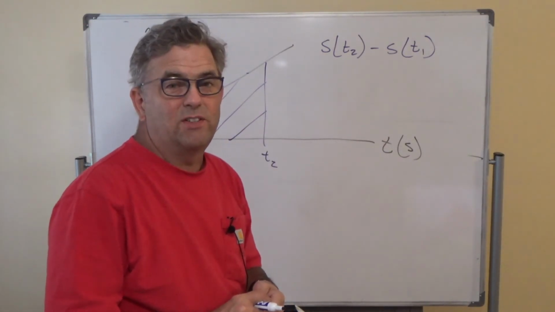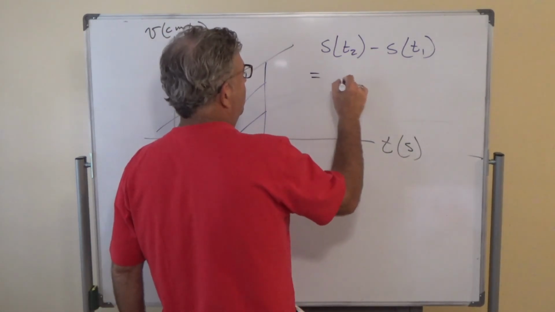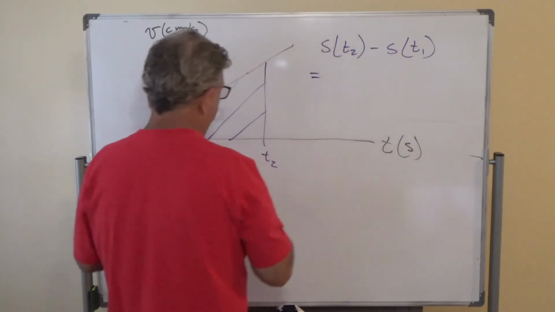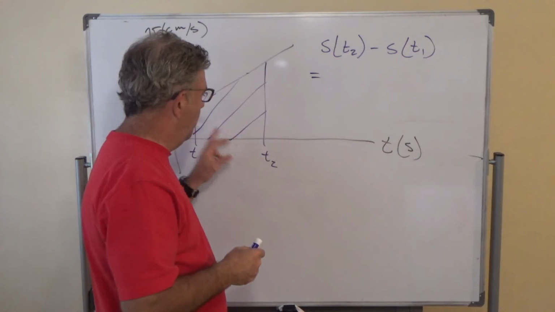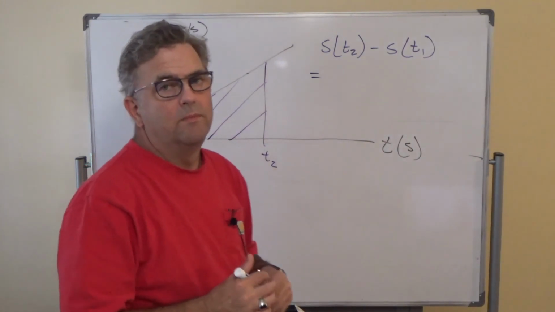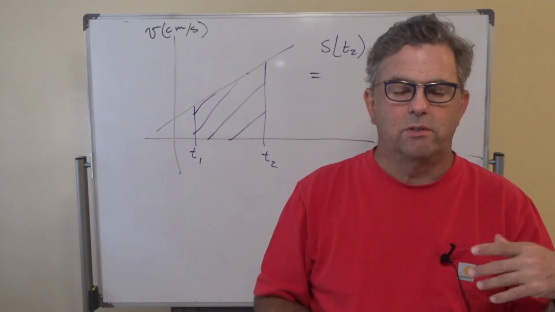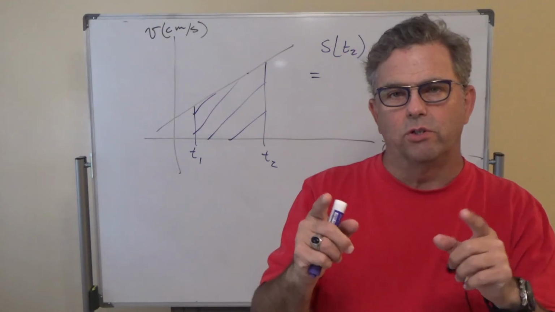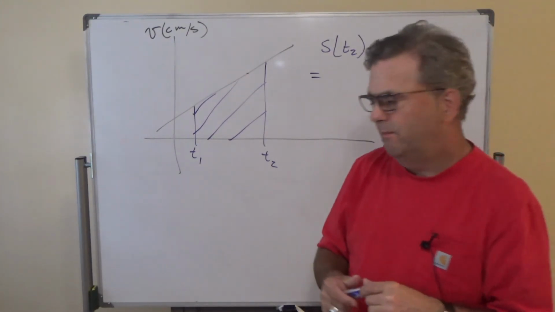This is S versus T, and then you compare that to the area underneath the curve here. How do you calculate the area of a parallelogram? Well, you can look it up, but it's just one half H1 plus H2 times the base, I think. Okay.